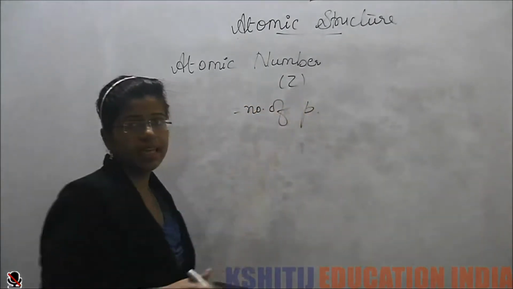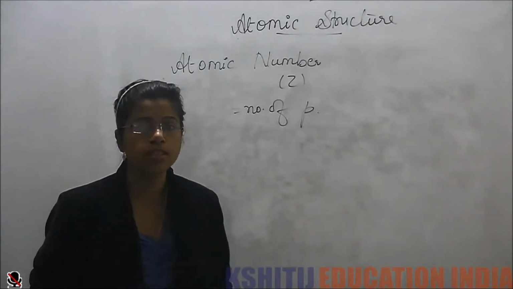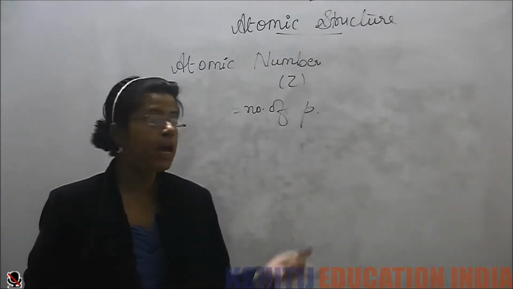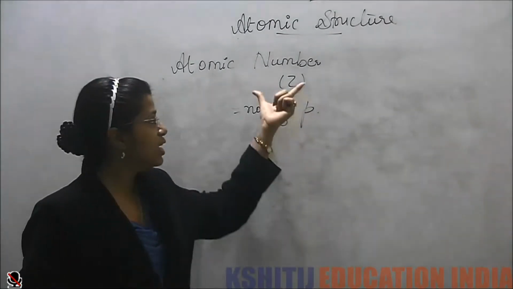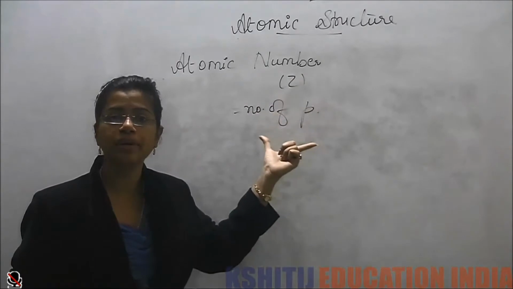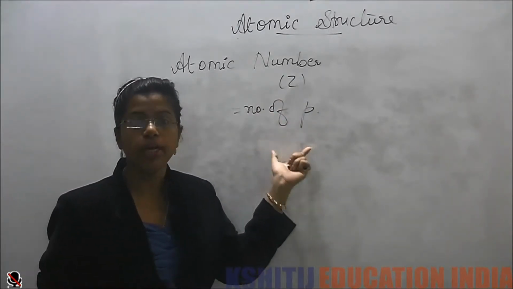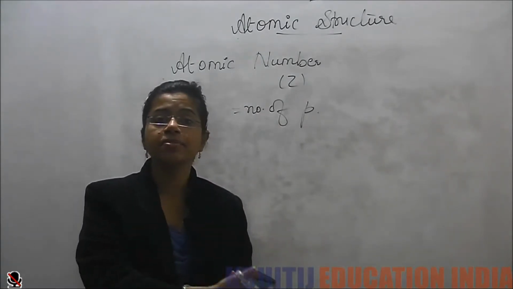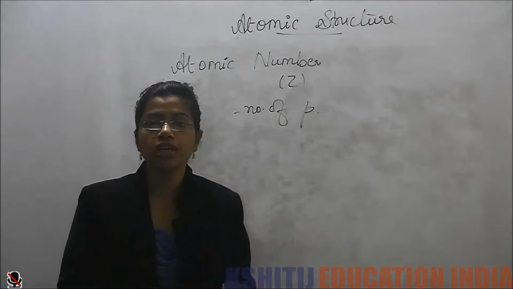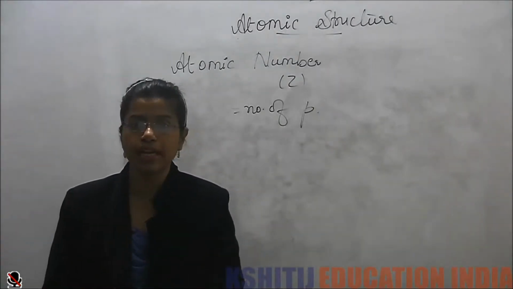Some students say atomic number is equal to the number of protons or electrons in the atom. No. Atomic number is not equal to the number of electrons. Atomic number only and only depends upon the number of protons in the atom. Okay? For a neutral species, we know that because it is neutral, obviously total positive charge will be equal to total negative charge.